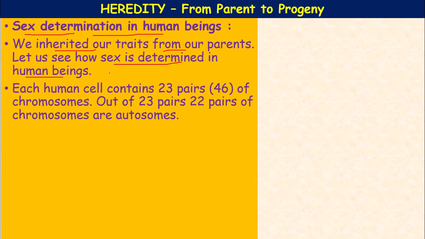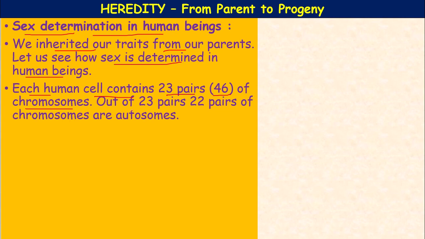The sex of the child is determined by the chromosomes which are present in the father, not the mother. Now let us study. Each human cell contains 23 pairs, that is 46 chromosomes.